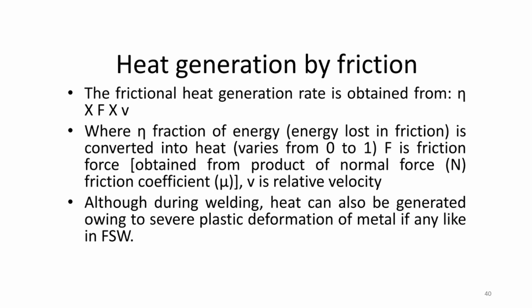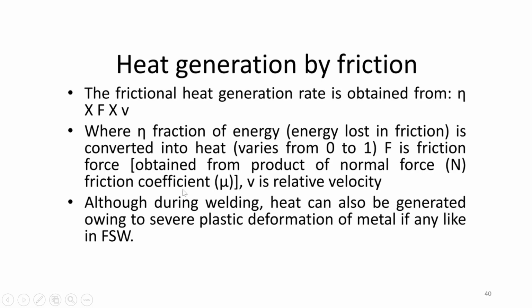Heat generation by friction. So here, N times F times V. N is the fraction of energy that is lost in terms of friction, and it is from 0 to 1, and F is the friction force, which is obtained from the product of normal force N times mu.